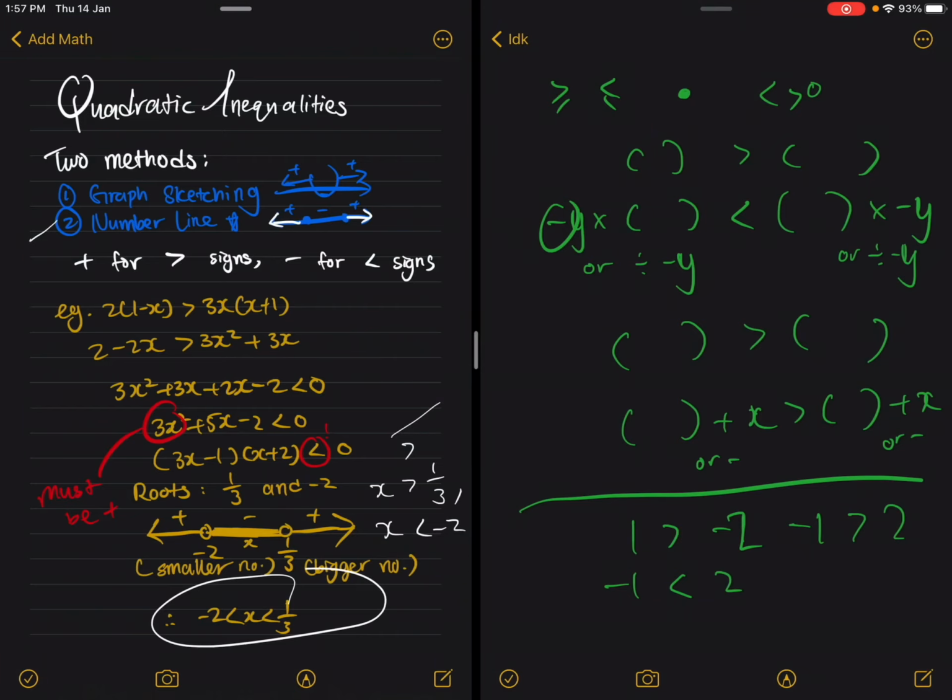So do not instantly write x is less than 1 over 3, x is less than negative 2. Do not do this. Instead, use a number line and try to find which zone x has to be in. Does it have to be in the middle, or does it have to be in the bigger zone?